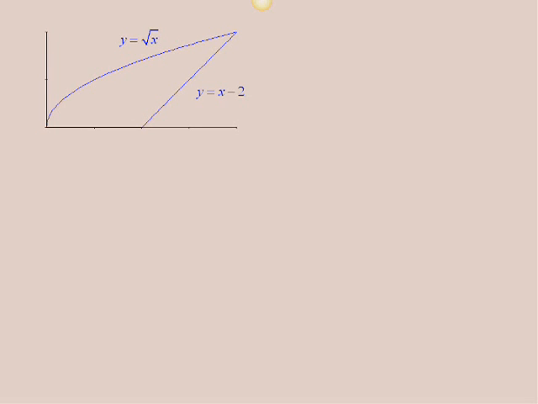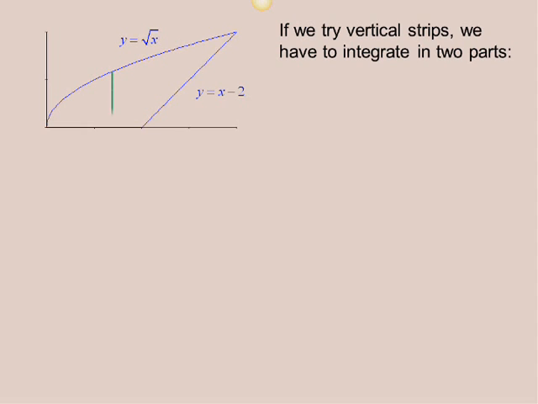well, I actually just have this one example, but we have the square root of x, and then we have x minus 2, but I only want to find the area above the x-axis, so I've cut it off at the x-axis. If we put in vertical strips, we do have to integrate it in two parts, and here's why.